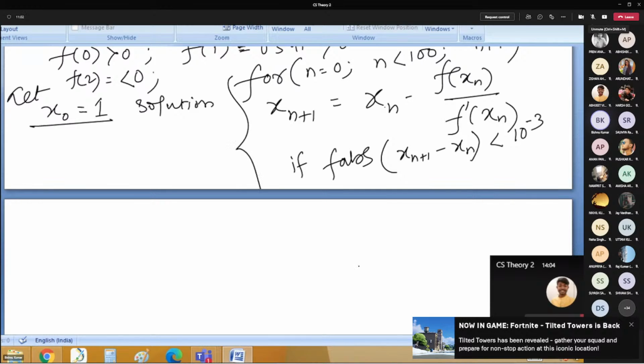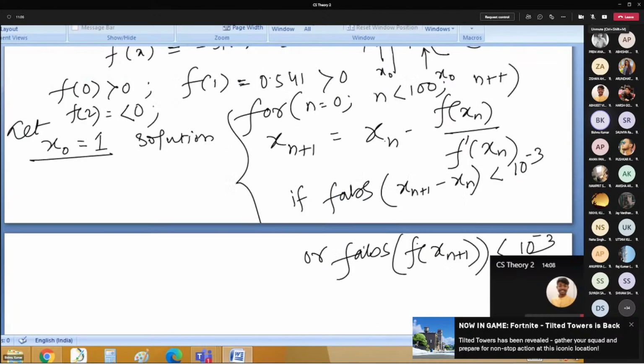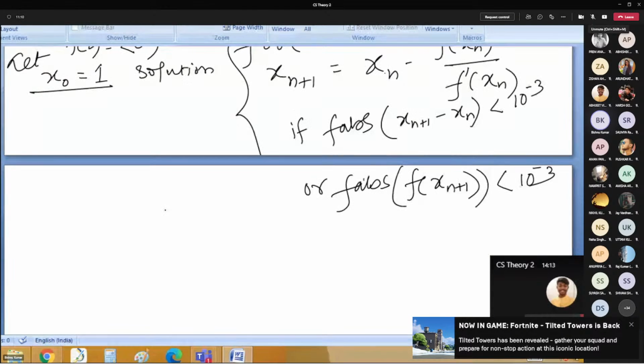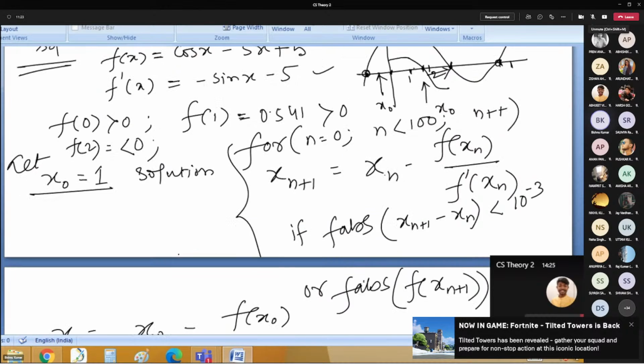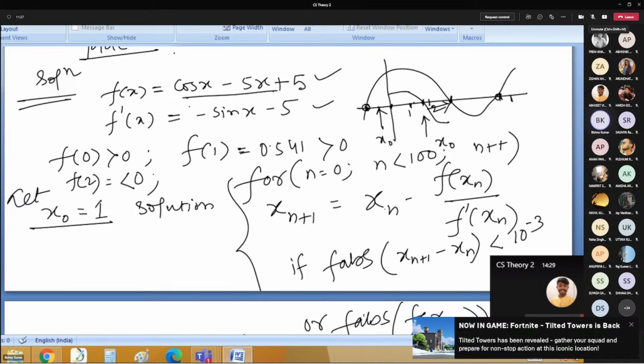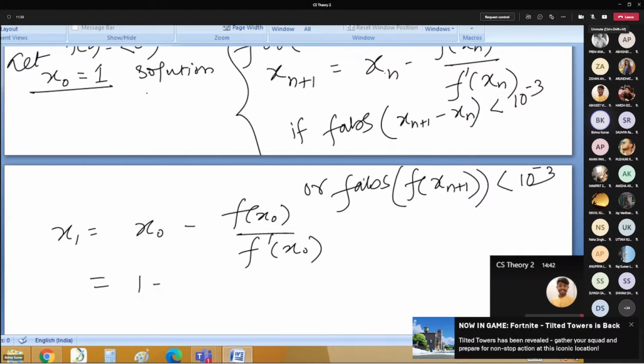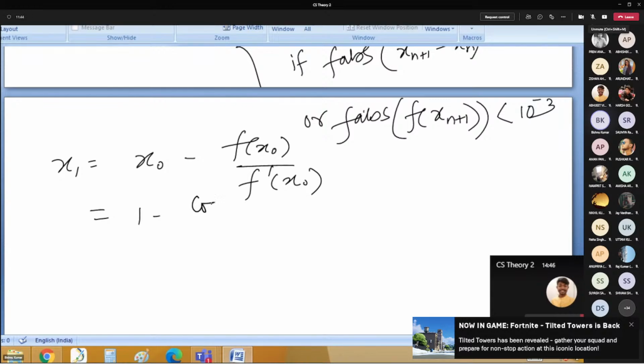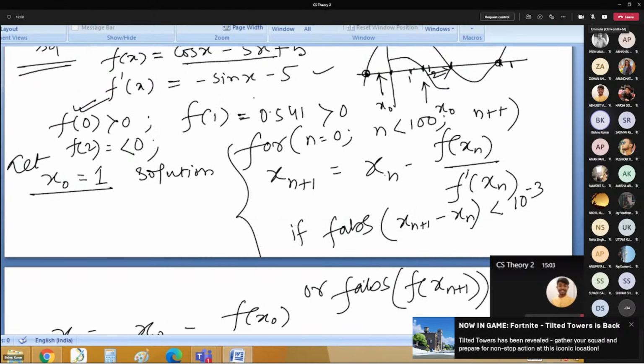You got this idea? For the theory exam, you calculate manually. x1 equals x0 minus f of x0 by f dot x0. x0 you have considered as 1. f of x is cos x minus 5x plus 5, and f dot x is minus sin x minus 5.